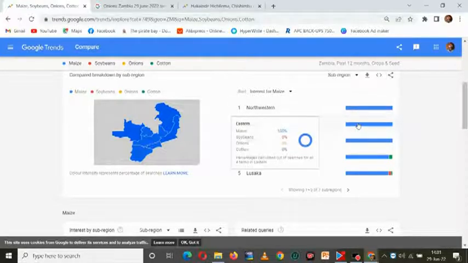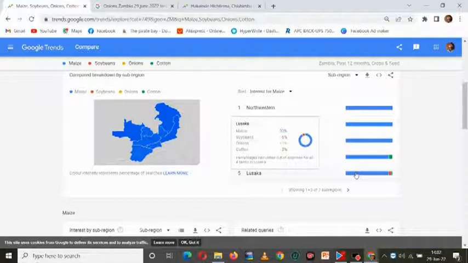So if you're looking for soybeans, onions, and cotton, I think Northwestern Province is not the right place. Eastern Province, again, is just maize. Northern is just maize. But when you come to Central Province, you find that 93% of searches were of maize, while 7% was cotton, and these other two, nothing.